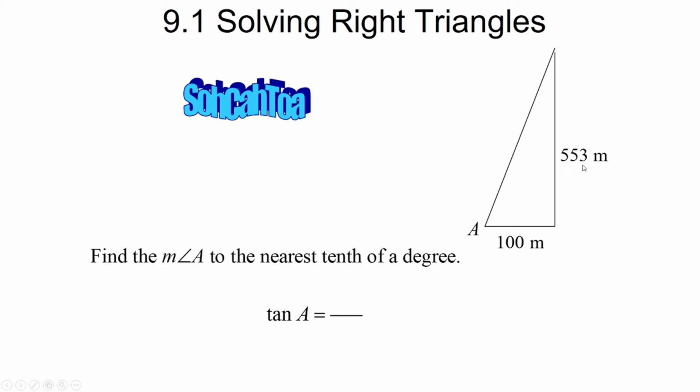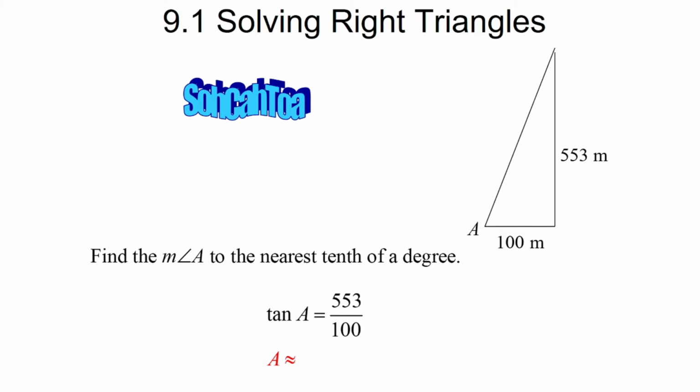Opposite 553 over adjacent 100. So now let's just inverse tangent to both sides to solve for that angle A. So A is approximately, so let's all get out our calculators and do this together. Inverse tangent, second tangent of 553 divided by 100. Can I just go 5.53?